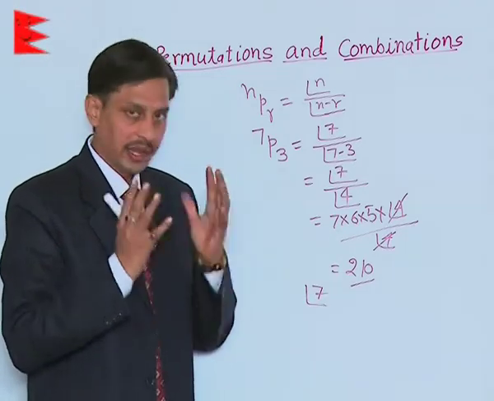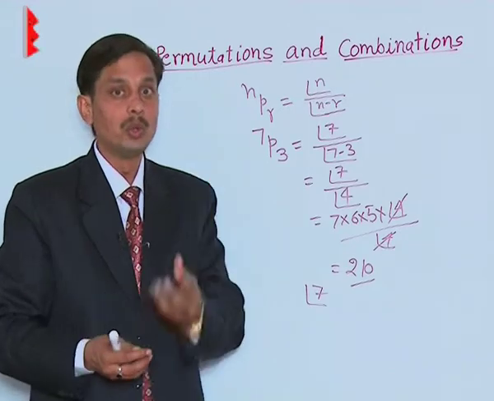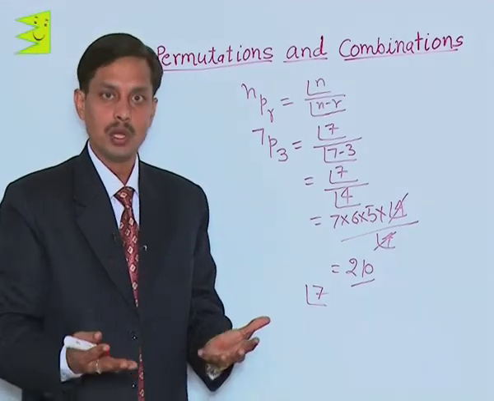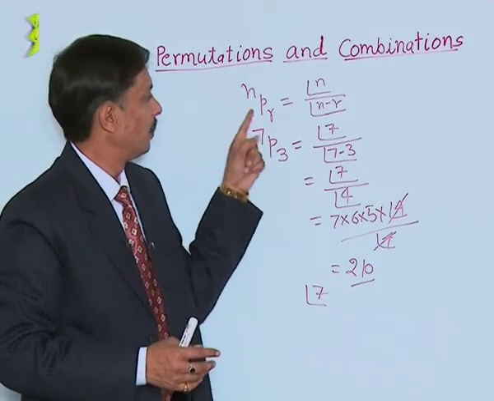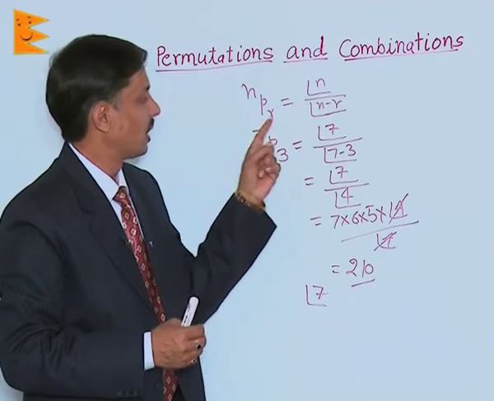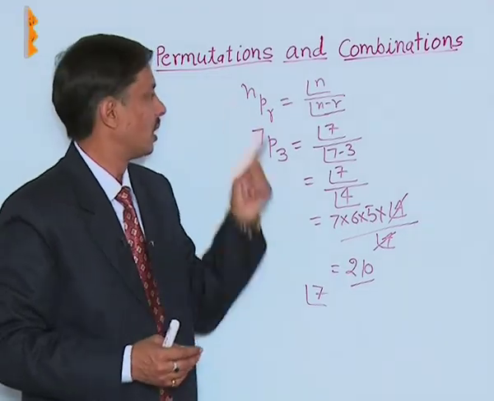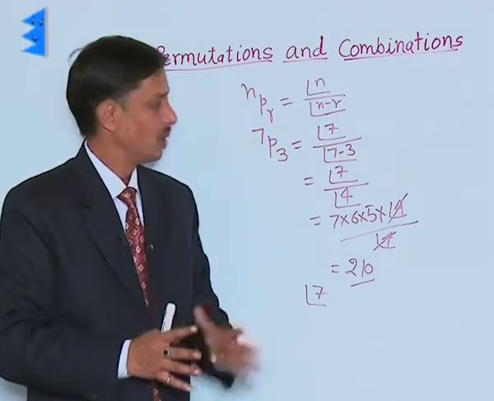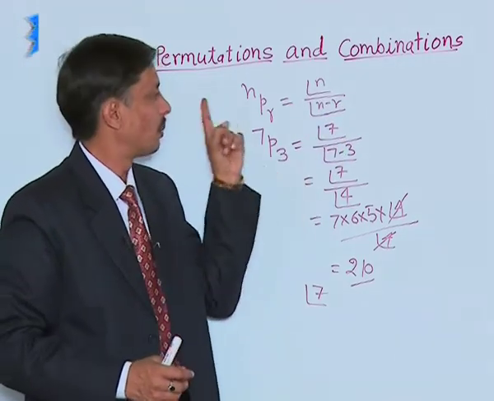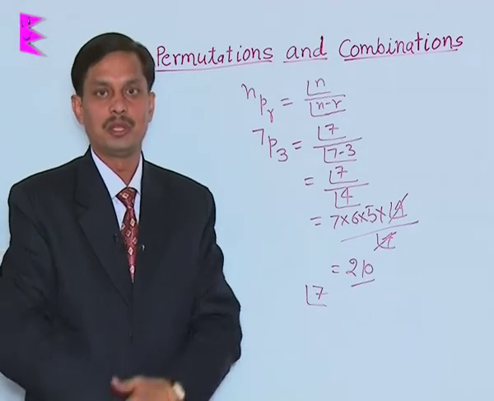But for the arrangement of fewer things out of a larger number available, that is nPr, factorial n upon factorial n minus r, where r is the number of objects to be taken out of n. So this is the formula applicable when we solve problems related to permutation.